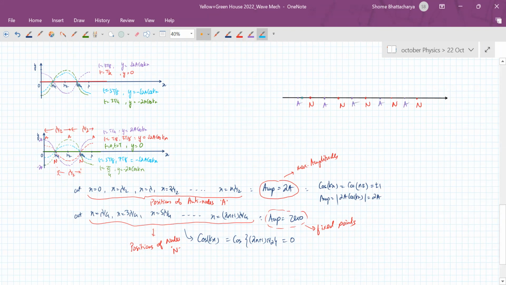And then the shape of the medium at different times is always like this.